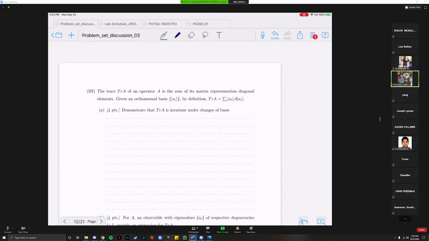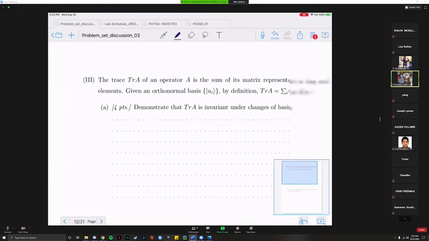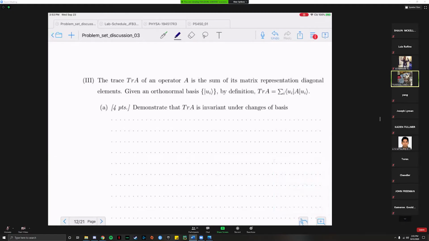Yes, that's a good reflex. And how would you write the identity operator? Well, we need a different basis to write it in. Yes, you're exactly on the right strategy.